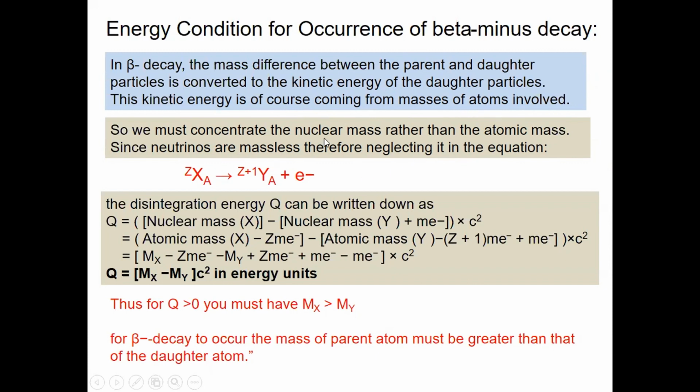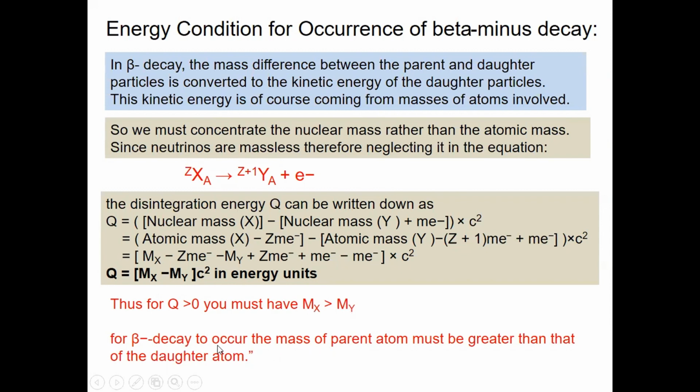So we must concentrate on the nuclear masses rather than atomic masses, because neutrinos are also massless. Therefore, we can neglect them in the equation, and we find the energy balance as (mX minus mY) times c squared in terms of the energy units. And if the Q value is positive, then we must have mX larger than mY.